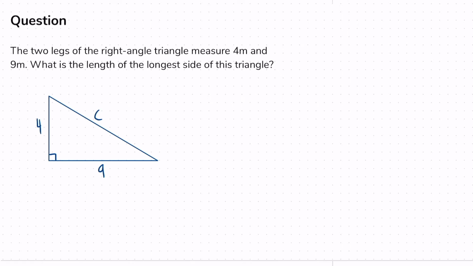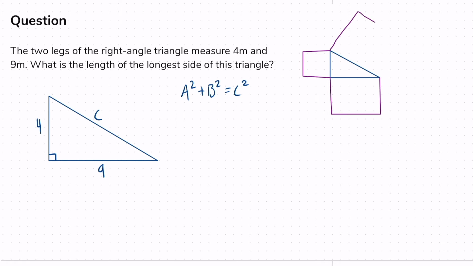Now to find that we use Pythagoras theorem: a squared plus b squared is equal to c squared. Now graphically, what that means, let's do that a little bit nicer, is that this square here, well, let's try and get that a square, plus this square here is equal to this square.